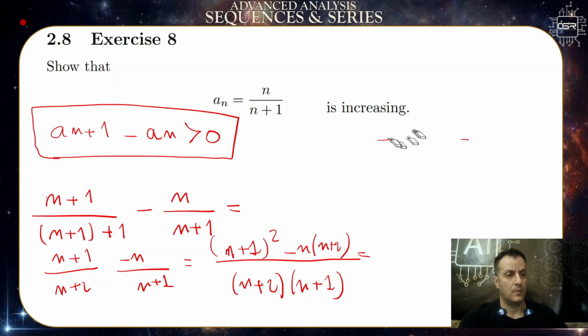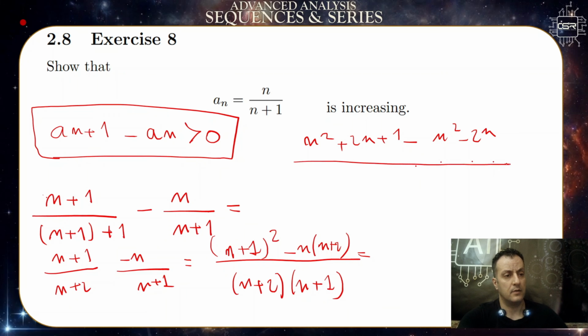So (n plus 1) squared is equal to n squared plus 2n plus 1 minus, I'm developing this side, n squared minus 2n, divided by (n plus 2) times (n plus 1).